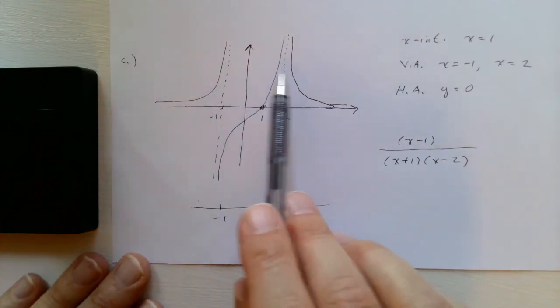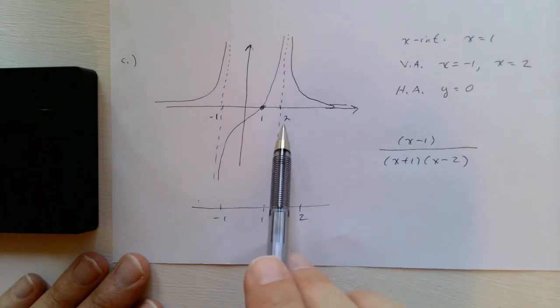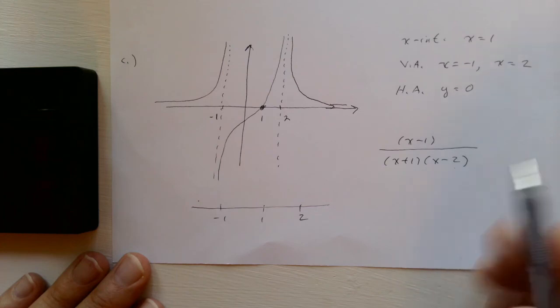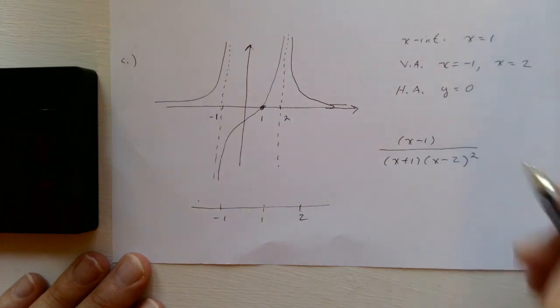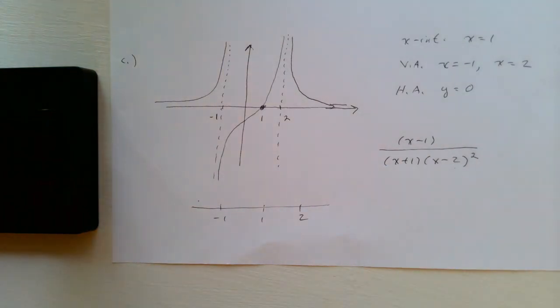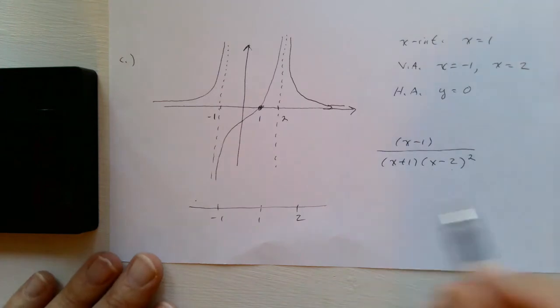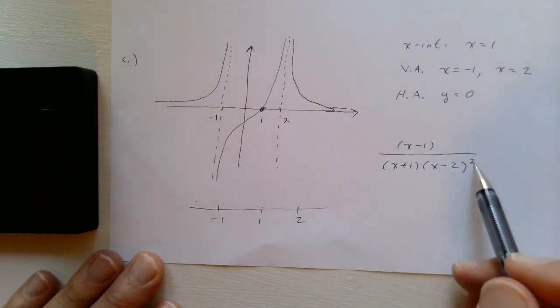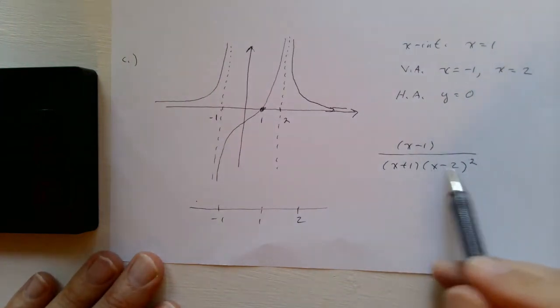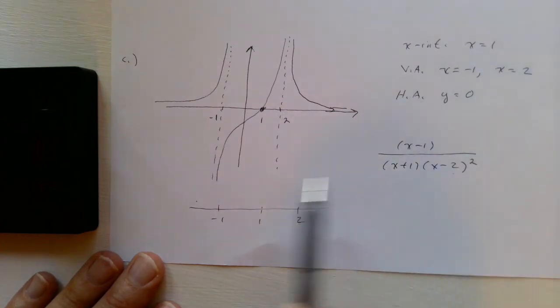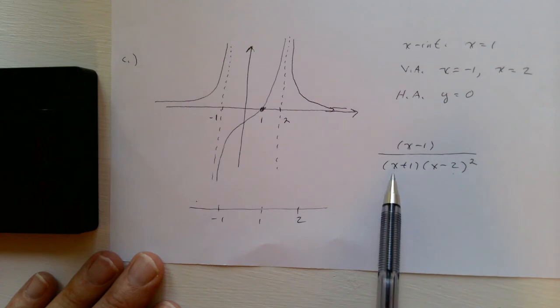We can see that this does not change sign at 2. So this 2 corresponds to this x minus 2. So we really need this to be squared, because otherwise, if we don't have this 2 here, this will change sign at 2, which we don't want it to do.